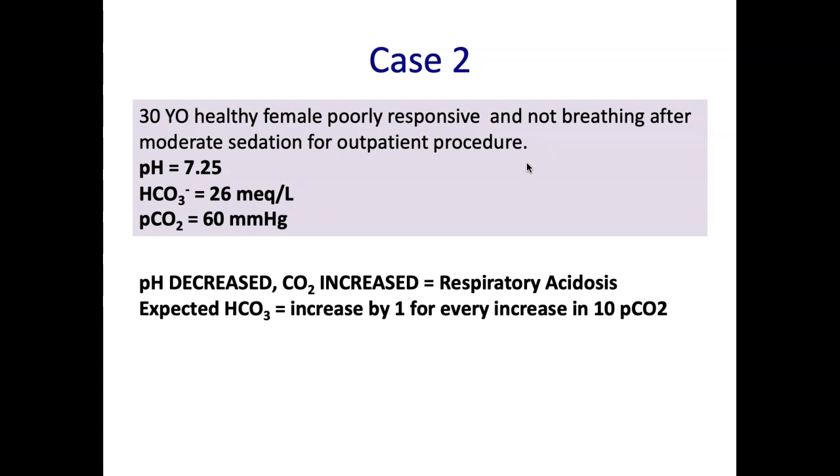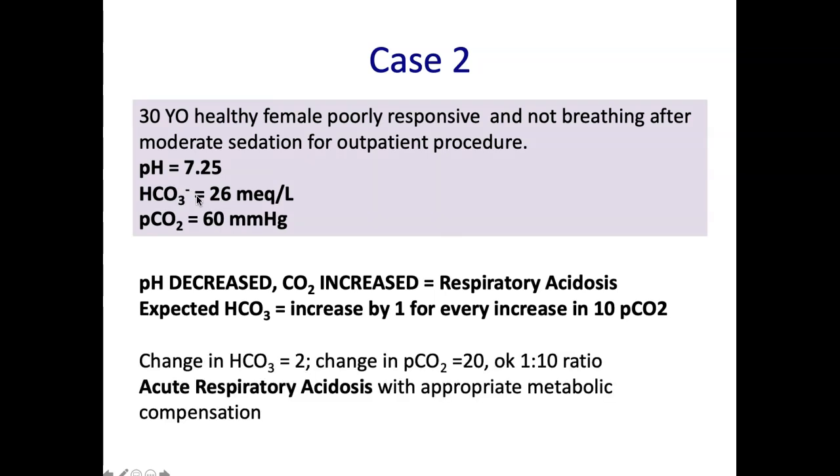The PCO2 normal is 40, it's now 60, so the delta is 20. We'd expect the bicarb to go up by 1 for every 10, so the change in bicarb is about 2. The change in PCO2 is 20. That's like a 1 to 10 ratio. That's perfect. So I would say this is acute respiratory acidosis with appropriate metabolic compensation.